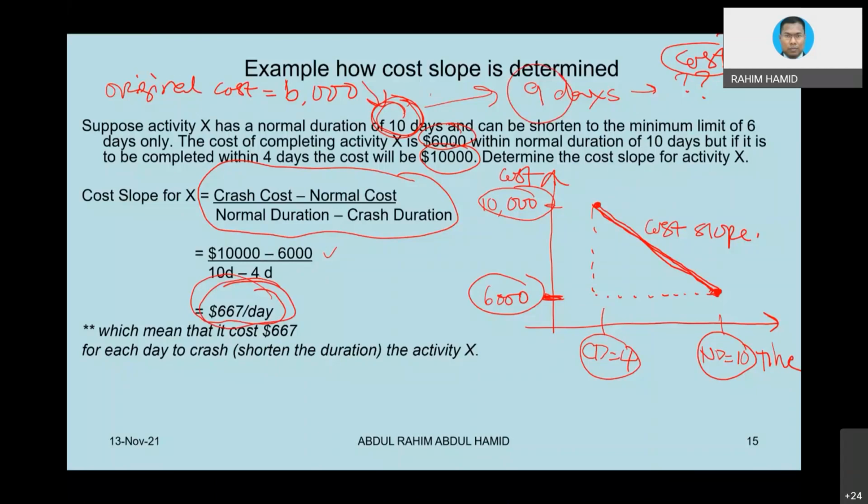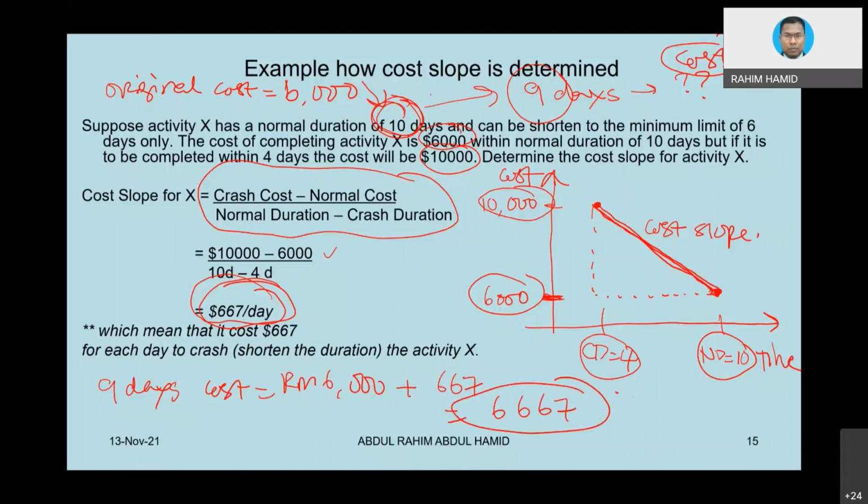So if you want it completed in 9 days, your cost would be RM 6,000 plus 667, which is now 6,667. You see, the cost has now increased. By how much? Based on the cost slope. This is the function of the cost slope.